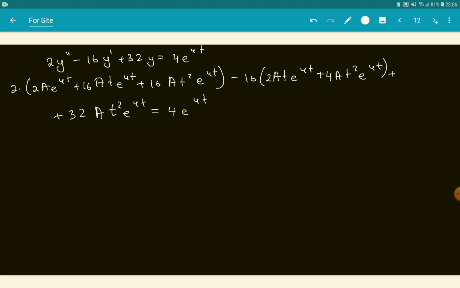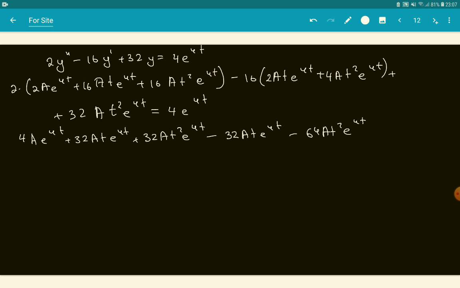Now we need to multiply the whole thing and open it. So it will become 4a e^(4t) plus 32at e^(4t) plus 32at squared e^(4t), negative 32at e^(4t), negative 64at squared e^(4t), plus 32at squared e^(4t), which is equal to 4e^(4t).